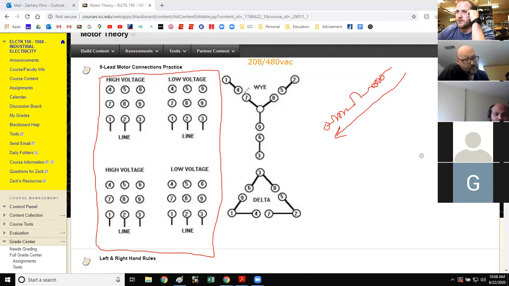And then same for the other side. For the 1 to 4 winding, you would hook up 4 to 7. So on this Y diagram for 480, we hook those windings up in series: 4 to 7, 5 to 8, 6 to 9.